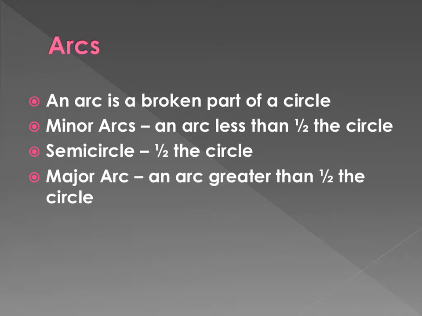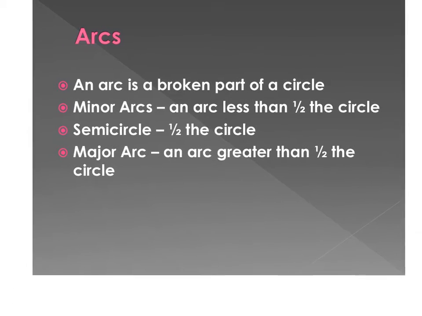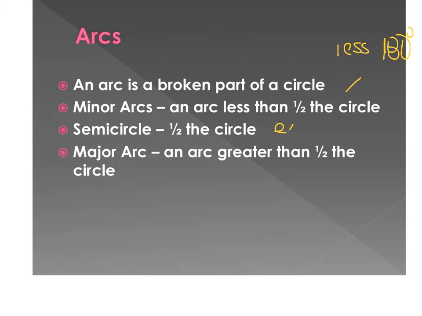Next, we're going to learn about arcs. An arc is a broken part of a circle. When you have a minor arc, it will be an arc that is less than half of the circle. So it's going to be less than 180 degrees. Arc measures are measured in degrees. When you have a semicircle, it'll be exactly half of the circle, so it will measure 180 degrees.